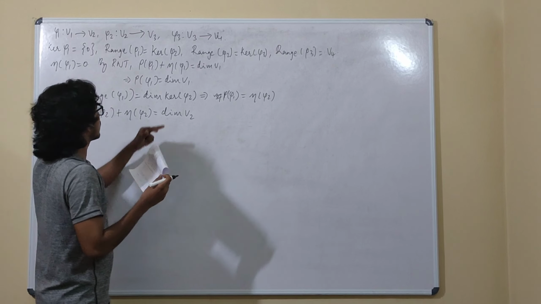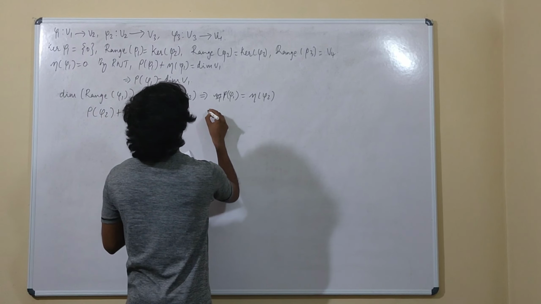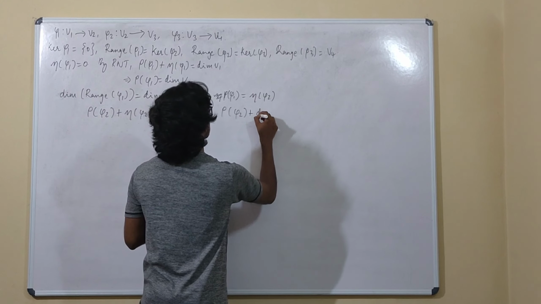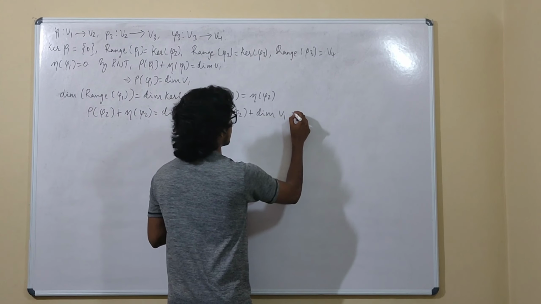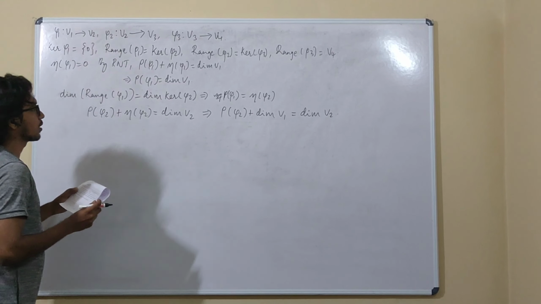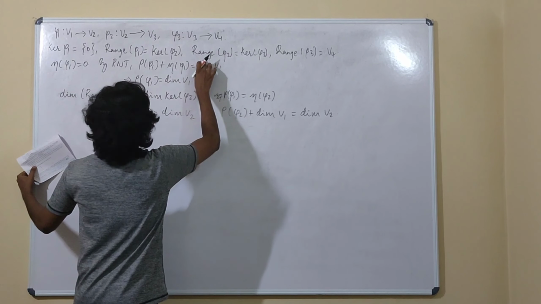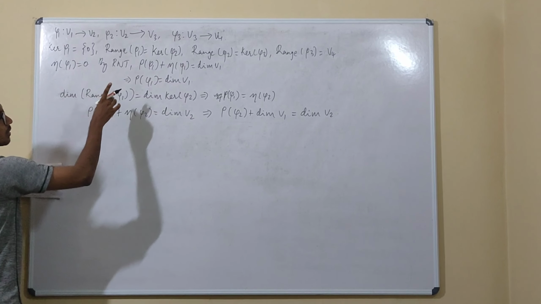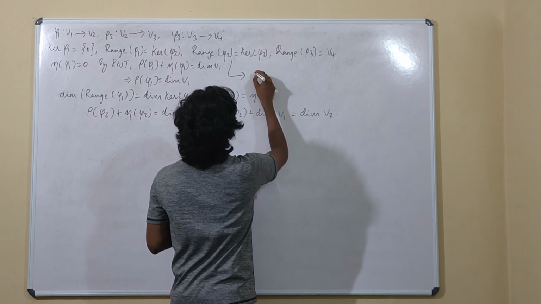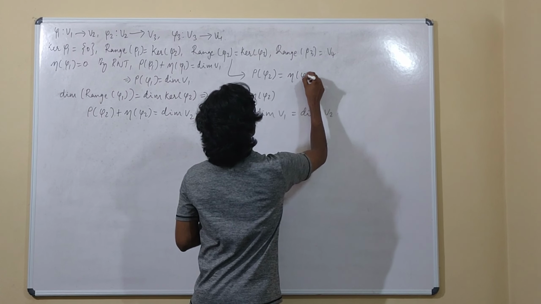We know that the rank of phi1 is the dimension of V1, and that is the nullity. So from this we get rank of phi2 plus dimension of V1 equals dimension of V2. Now using the third condition, from this we get that the rank of phi2 is the nullity of phi3.